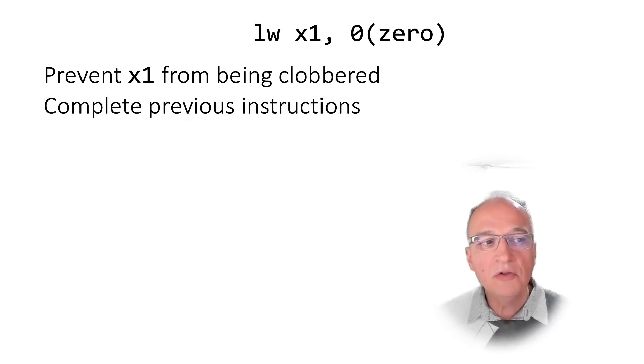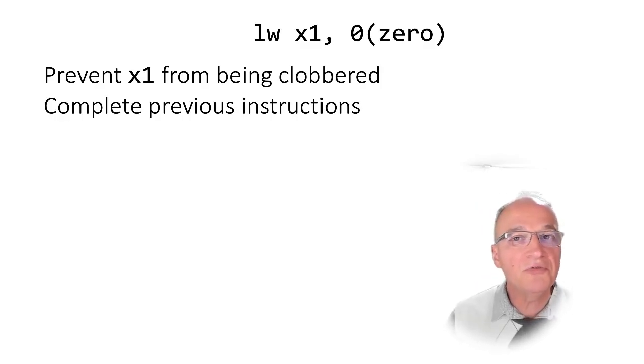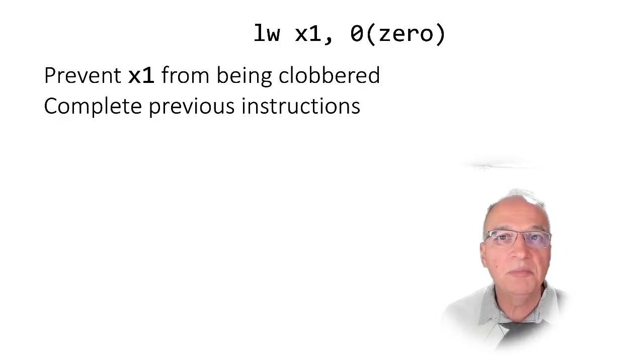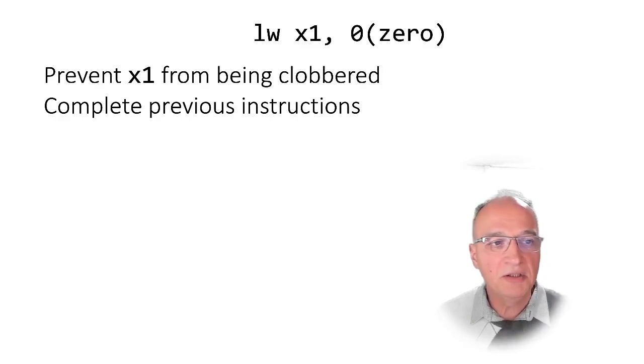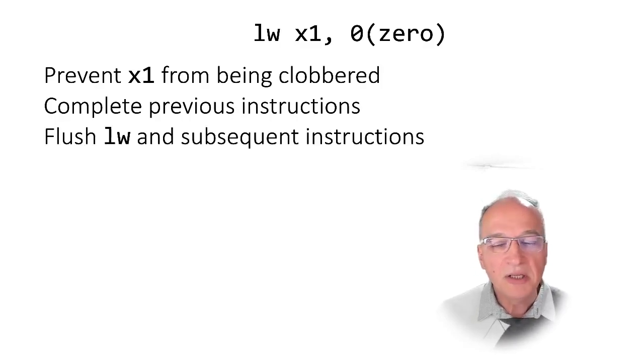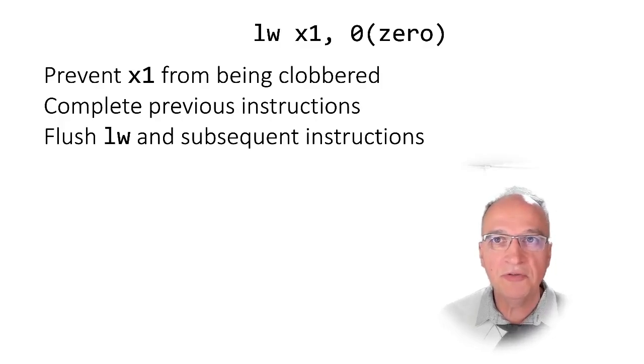But I want to allow all the previous instructions that were in the pipeline to continue execution to the end, because when the exception occurs I want, for example, to examine the state of the program. Let's say that you got a segmentation fault when executing your program with a debugger, you want to be able to inspect the state of the program and get the correct state so that you can determine what the bug in your program was. So what you want to do is to flush the load word instruction from the pipeline.